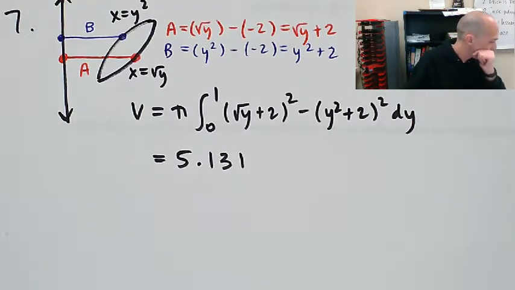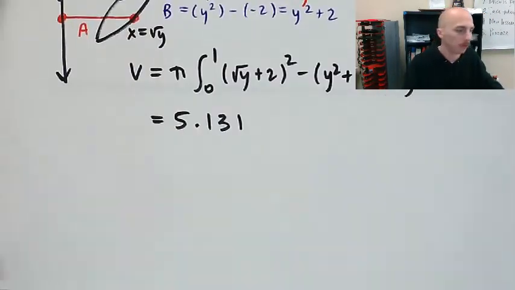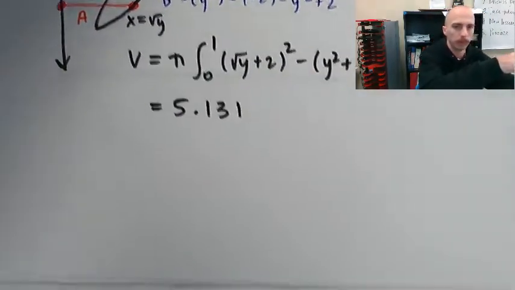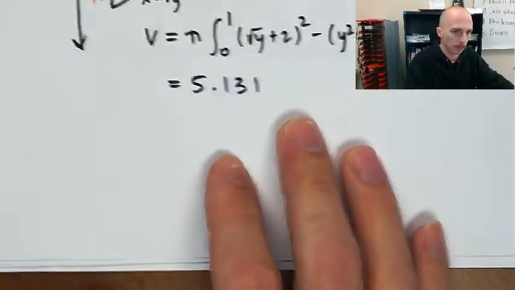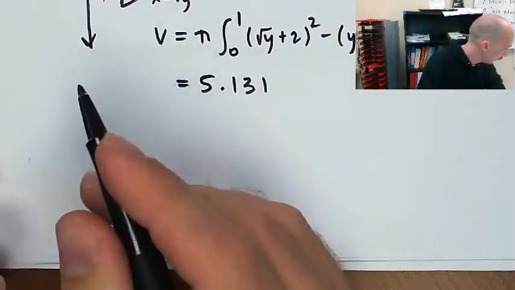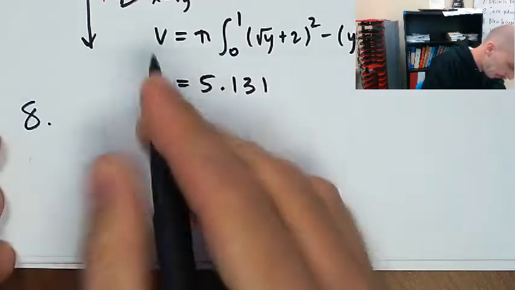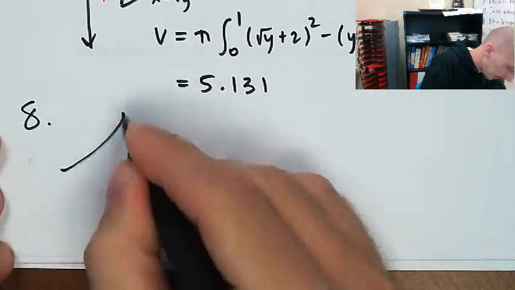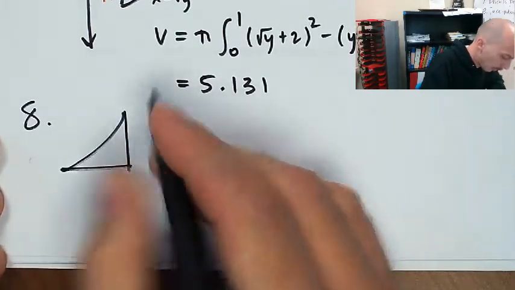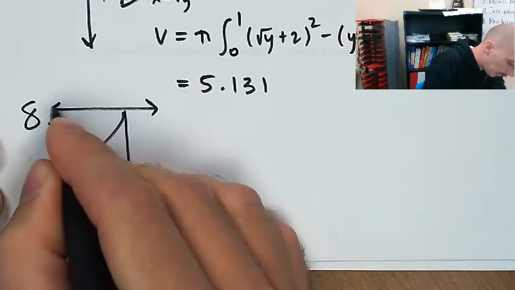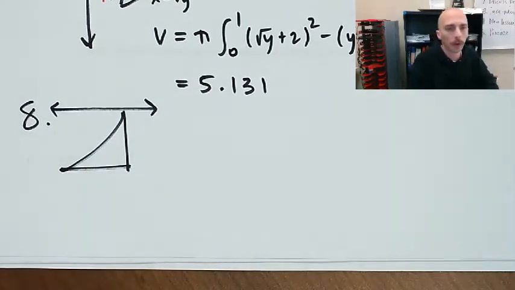Solid formed by rotating R3 around y equals 1. Yeah, I think I'm going to do this one with the calculator as well, so let's just go down to the bottom of the paper. All right, number 8. R3 is this one, and we're going to go around y equals 1, so that's this axis. So this is a washer scenario.